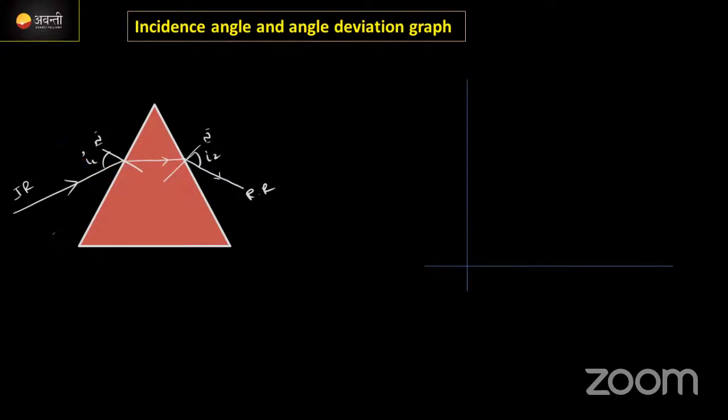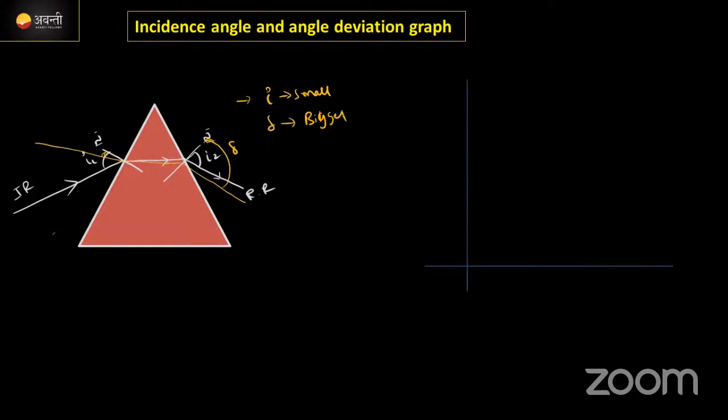If I make the ray incident here, it will become the angle of incidence. At that time, which way does the refracted ray go? Towards the normal only. Here it will go, and further it will move away from the normal. The angle of incidence is larger, which means the deviation angle is larger. Correct na? If the angle of incidence is small, in the first case the deviation angle is bigger.